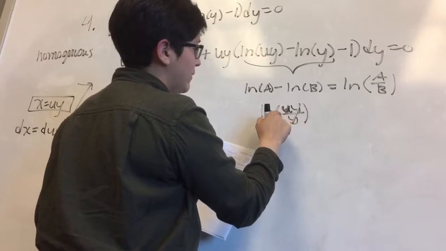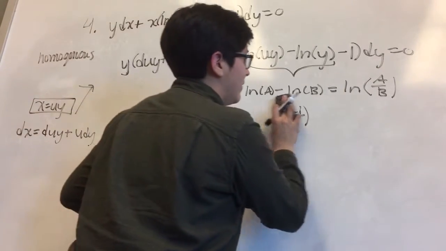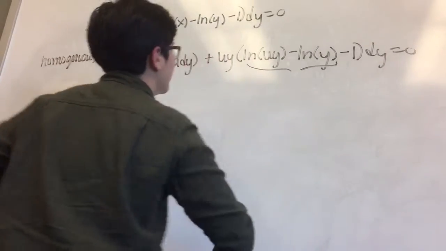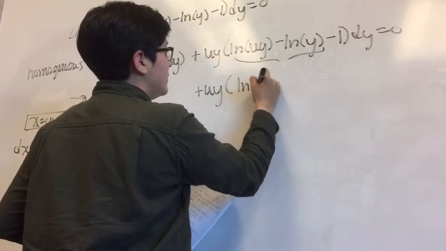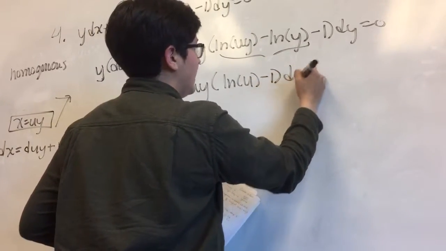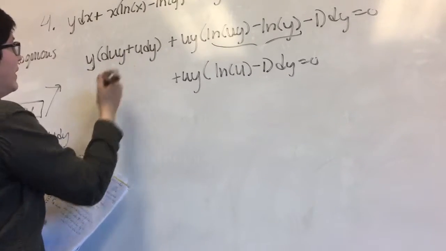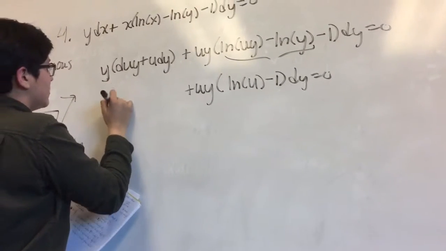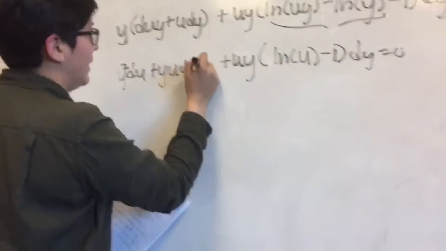So it's just going to be ln of u. I'm going to erase this just so we can have a little bit more room. So I'm going to change this to uy (ln of u, like we discussed before, minus 1) dy equals 0. And then I'm going to distribute this y out. So I'll have y squared du plus yu dy.